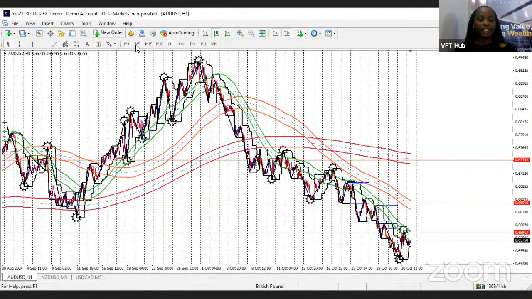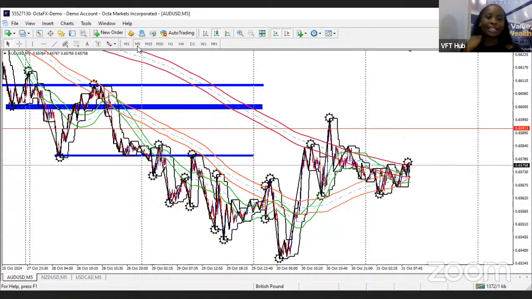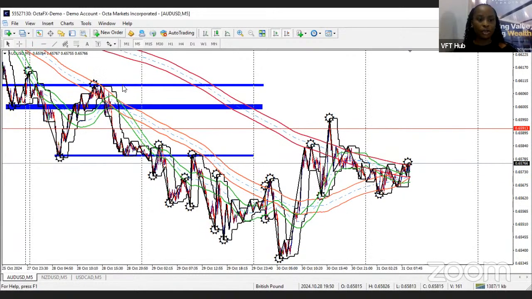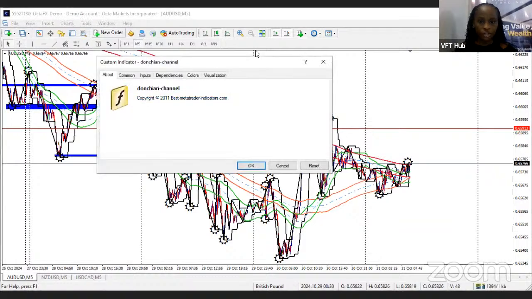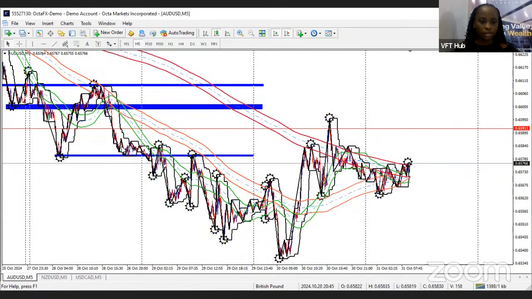But let's go on the M5 time frame and see what we have happening in this particular session. So I'm just going to delete the previous rectangles we marked out so you don't get confused. I know the indicators are a lot on their own. Okay. So just give me a second to take them off the charts.